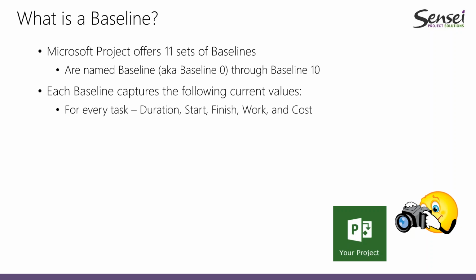For tasks, what is captured from our schedule is the duration, start, finish, work, and cost. As soon as you set the baseline, Project captures the information stored for each of those items and saves it in the baseline that you have determined. It can be baseline 0, baseline 1, 2, 3, until baseline number 10.